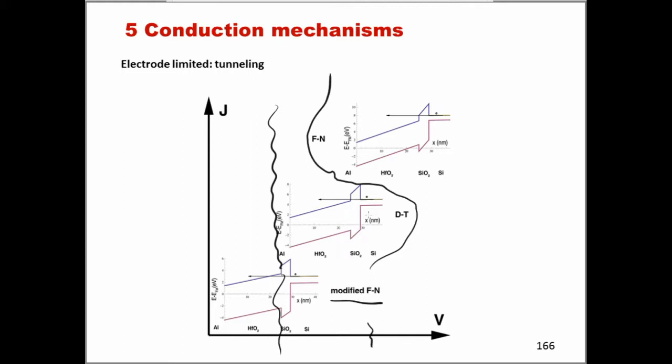Because I'm effectively pushing downward the metal so much that now the electrons only see the silicon dioxide. They don't see anymore any barrier coming from the hafnium dioxide. And if I keep increasing the voltage now, we will at a certain point enter the Fowler-Nordheim regime, and the Fowler-Nordheim regime would be through the silicon dioxide.